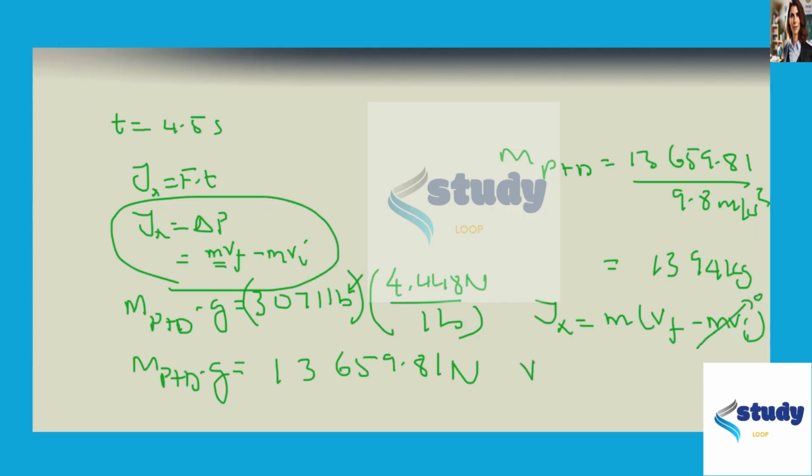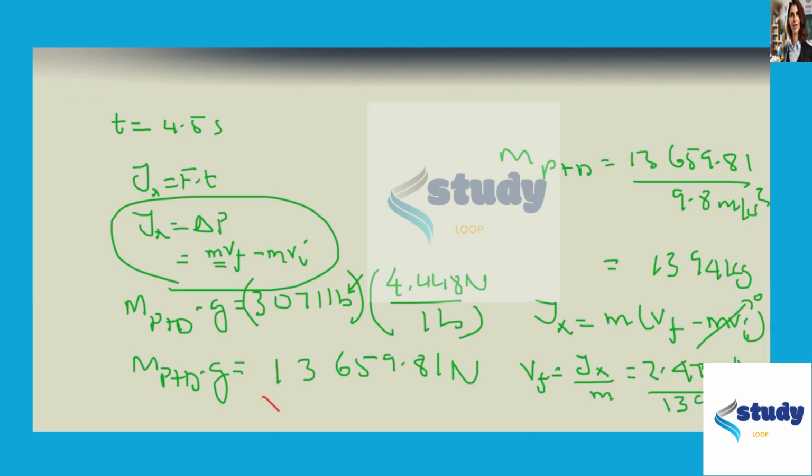If we simplify the problem, we get v final is the impulse over the mass. We already have the impulse, which is 2.475 times 10 to the 4 newton seconds, and then you divide that by the mass, which is 1,394 kilograms.